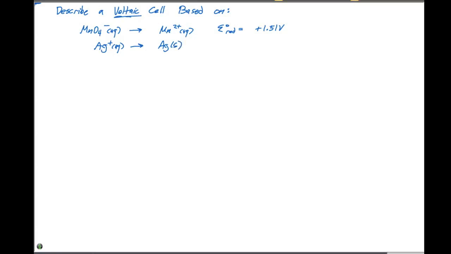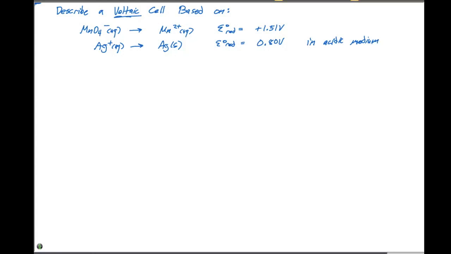This half reaction has a reduction potential equal to 0.80 volts. And one of the things I also want to say about this particular reaction, we're given a voltaic cell based on these conditions, and this is going to be in acidic medium.